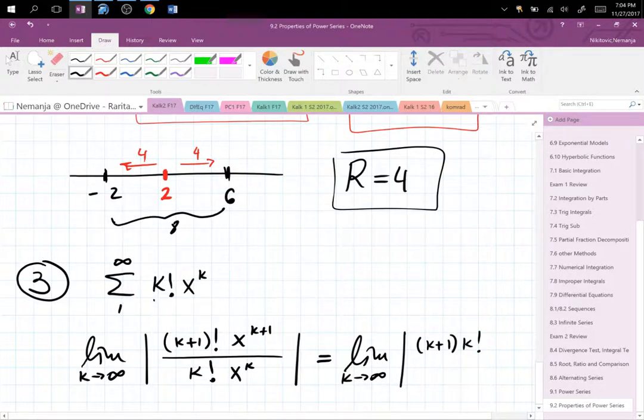On k factorial x to the k, divided by k factorial x to the k.